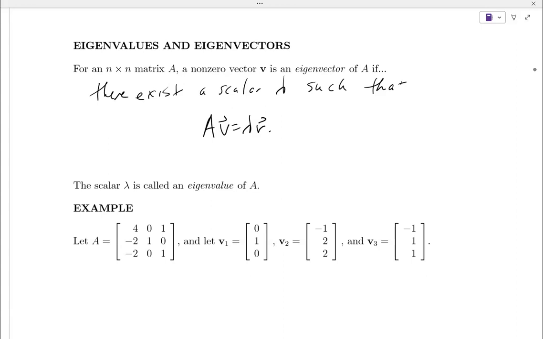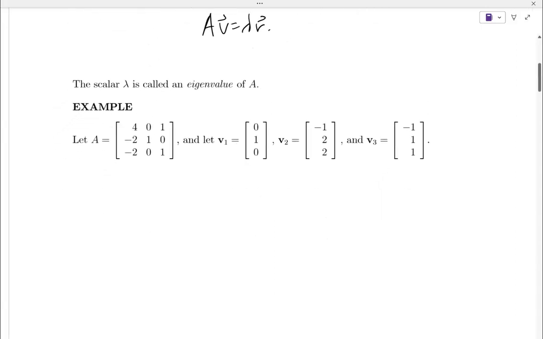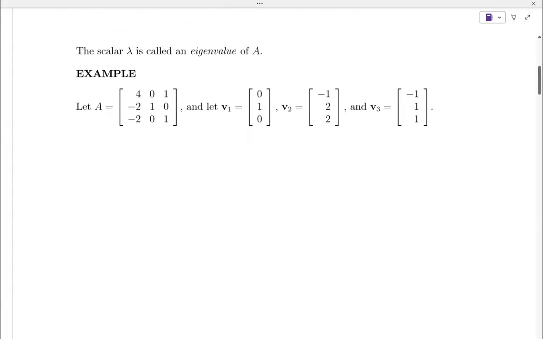So let's remind ourselves of looking at this from a definitional standpoint. I've got a matrix A here. I've got vectors V1, V2, V3 here.